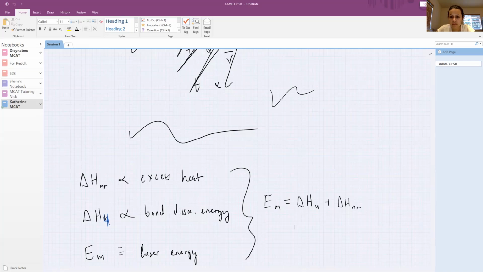Of course, the bond is going to break. But how do we know that the bond dissociation energy is like a billion? It's just too much. So we need a way to measure how much excess there is in order to figure out the actual bond dissociation energy.